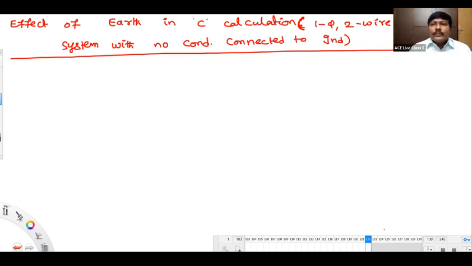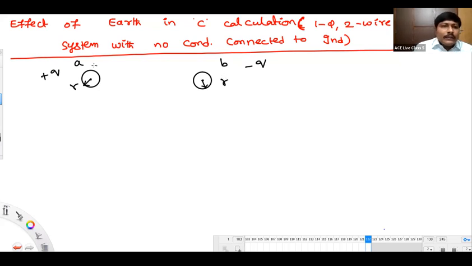Listen now. I am taking a single phase two wire system first. It's a conductor A, and beside that we have conductor B. So it's A and B. A is of plus Q charge, B is of minus Q charge, this is the radius of A, and this is the radius of B. The distance between conductors A and B, I am showing as D. And we are keeping these charges above the ground at a certain level.